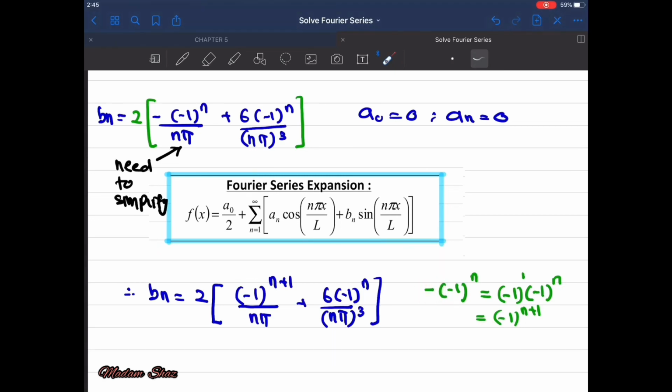So now substitute all the value for the Fourier coefficient into the formula of the Fourier series expansion.